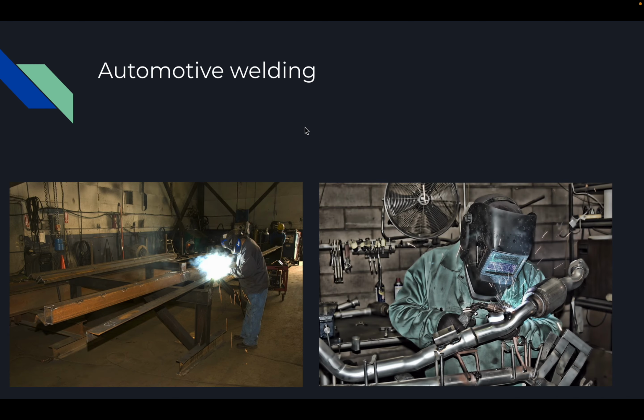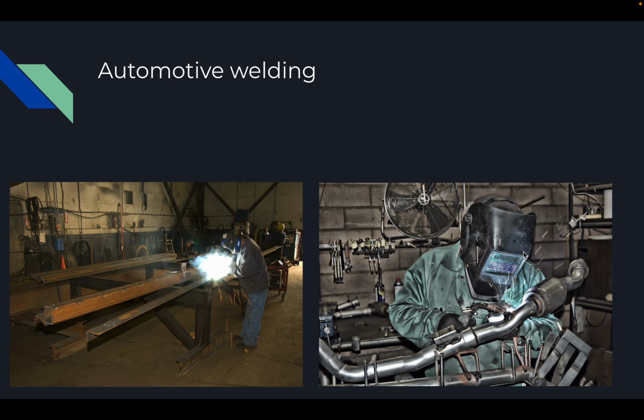Automotive welding, like this guy right here, he's welding frames together, and welding in the automotive industry isn't just used for frames. It's basically done on the whole car. So let's say your hood's probably welded in, basically the whole shell of your car is welded and put together like that.